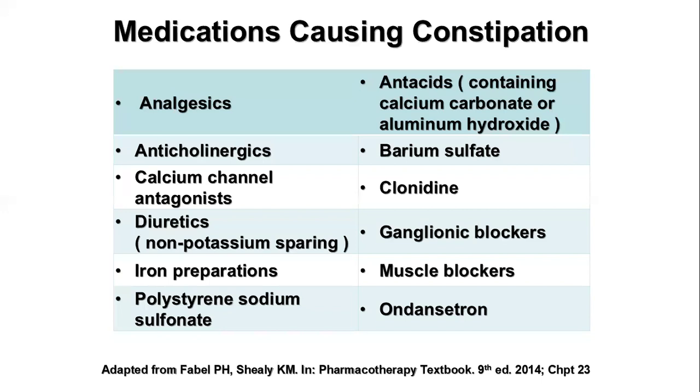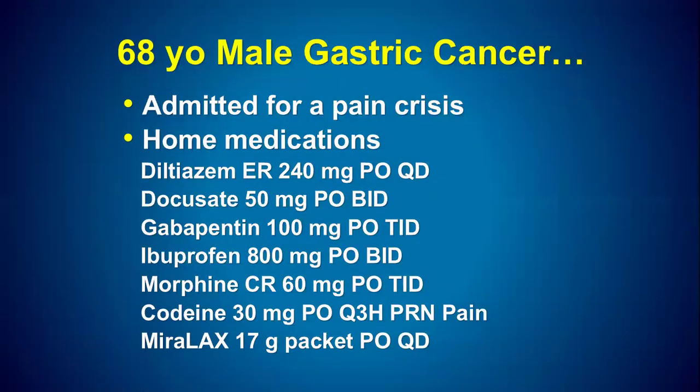You have your anticholinergics or your calcium channel blockers, non-potassium sparing diuretics, iron preparations, polystyrene sodium sulfonate, antacids, especially those containing calcium carbonate and aluminum hydroxide, barium sulfates, clonidine, ganglionic blockers, muscle blockers, ondansetron, or 5-HT3 antagonists basically. Next slide, please.